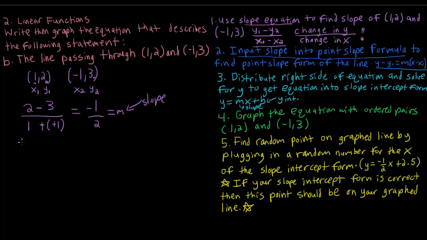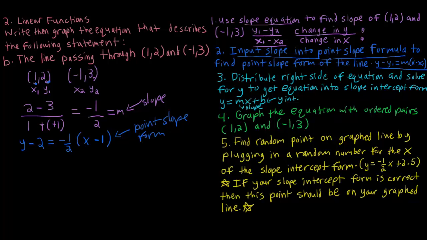You have y minus y1, which is 2, equals m, our slope, which is negative 1/2, times x minus x1, which is 1, and right here the equation is in point-slope form.